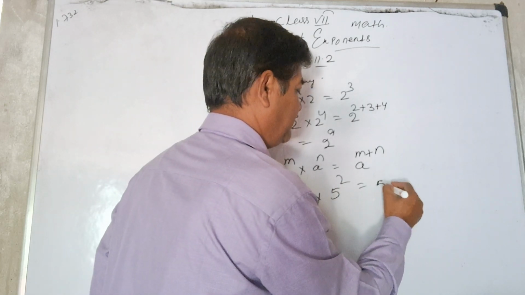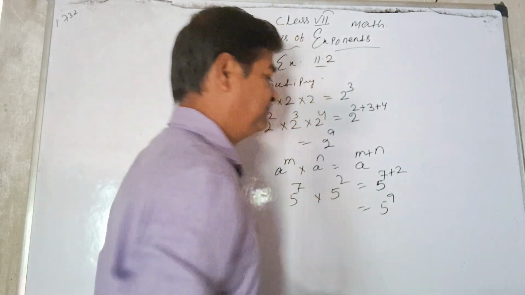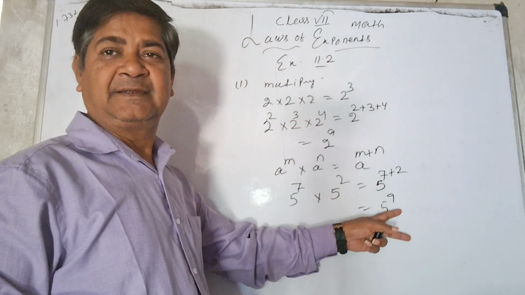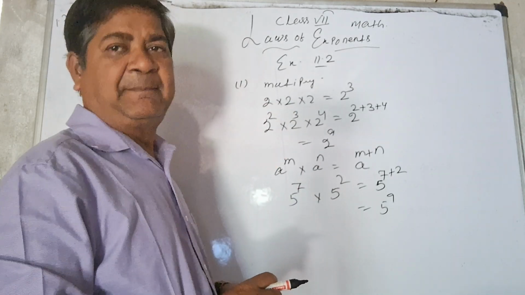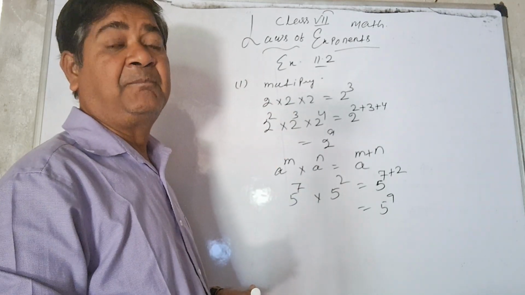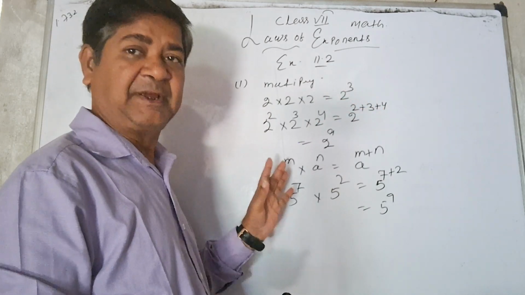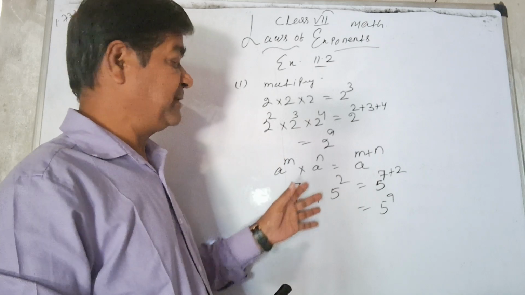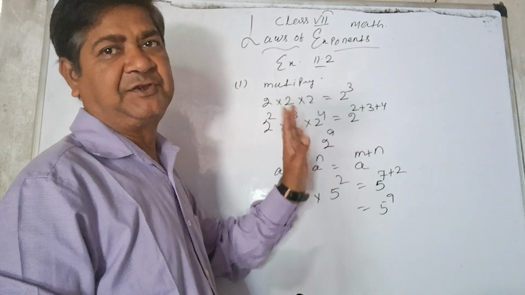The answer will be 5 to the power 7 plus 2, that equals 5 to the power 9. In this way we conclude that if the base is the same, then we add the powers in multiplication.